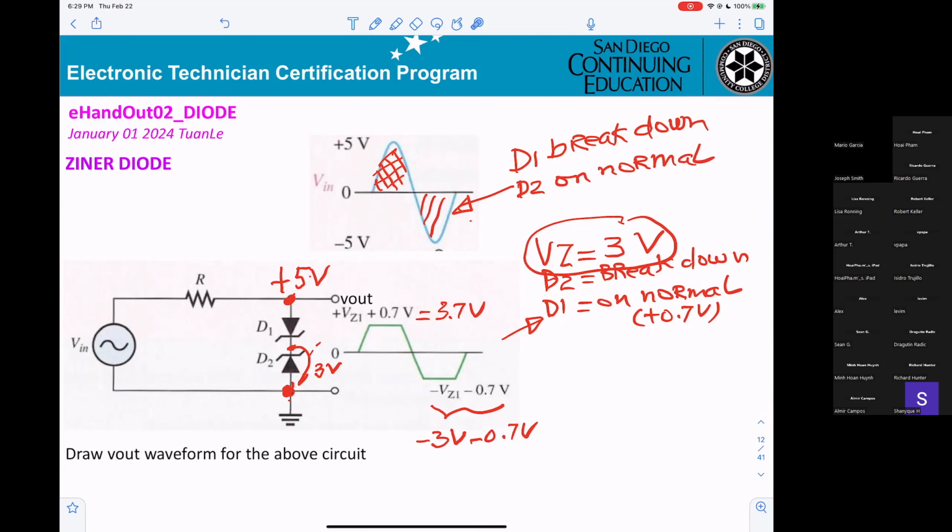Okay? However, when they draw it, for positive here, and for negative, they just opposite for this circuit. Sometimes it's very hard to analyze it.